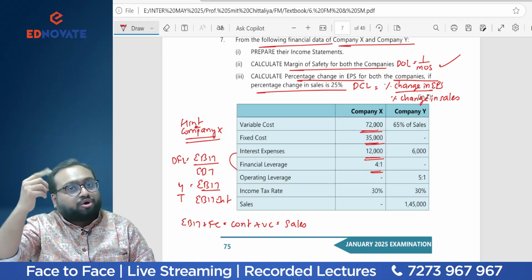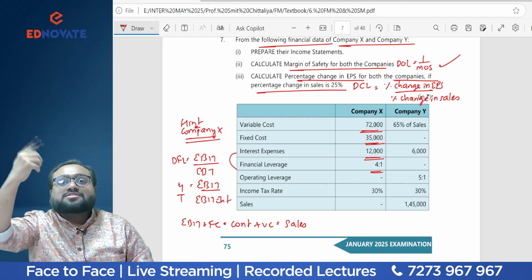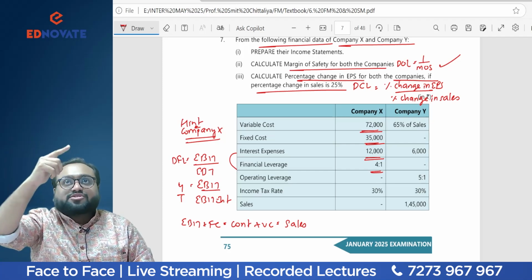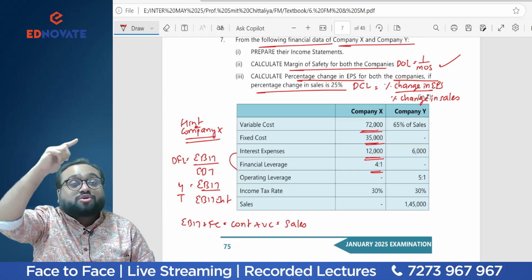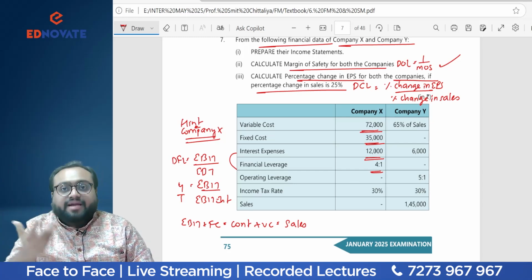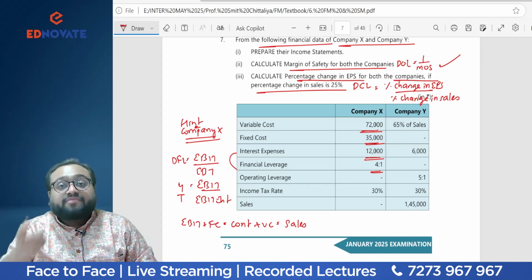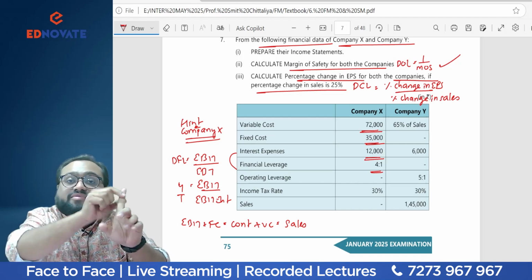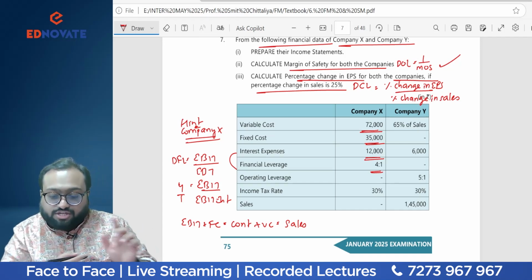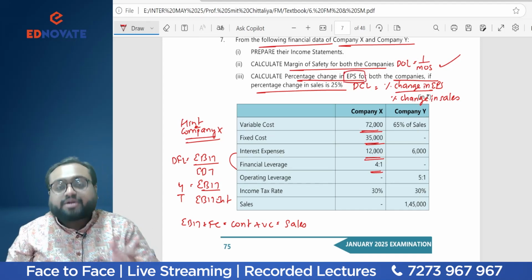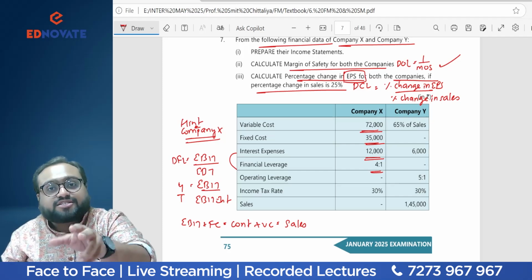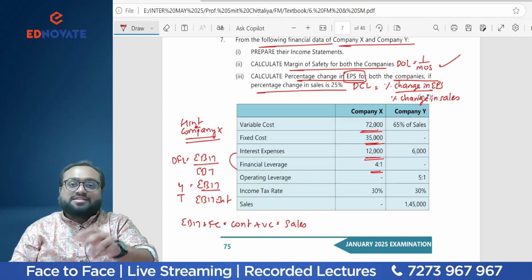Contribution plus variable cost, I'll get the sales. Each and every item of the income statement will be done. With the help of that, I'll find out DOL. So I'll get MOS. With the help of DCL, I can find out percentage change in EPS because I know the formula of DCL: percentage change in EPS upon percentage change in sales.